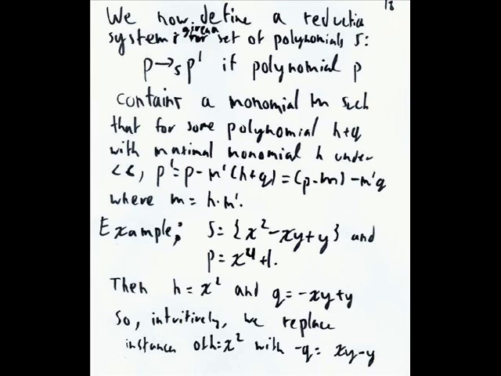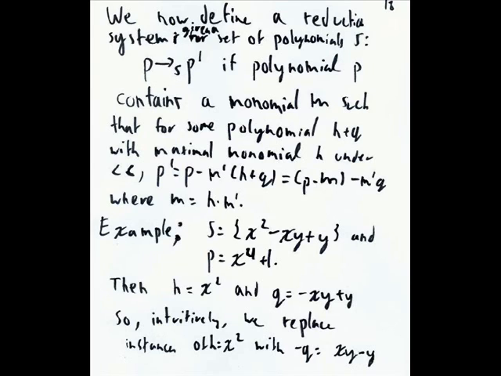What this does is that we can replace in the original polynomial all occurrences of the head monomial with a strictly smaller one, which is going to be negative q. So we replace h equals x squared with minus q equals xy minus y.